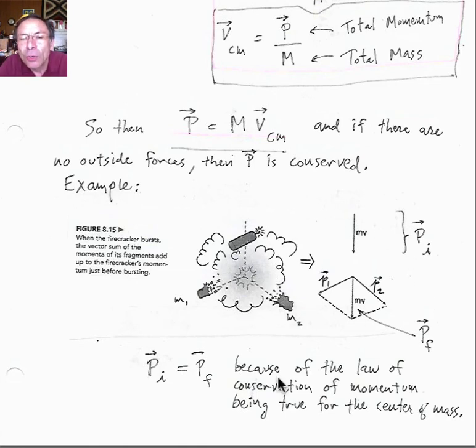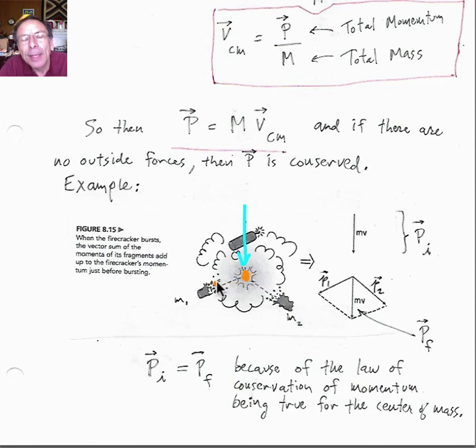So just as one quick example, and then we're done, let's say this is happening in space, right? There's no gravity. And I have a firecracker, and it's moving along. Its motion is like this. And when this firecracker gets to this location, it explodes.